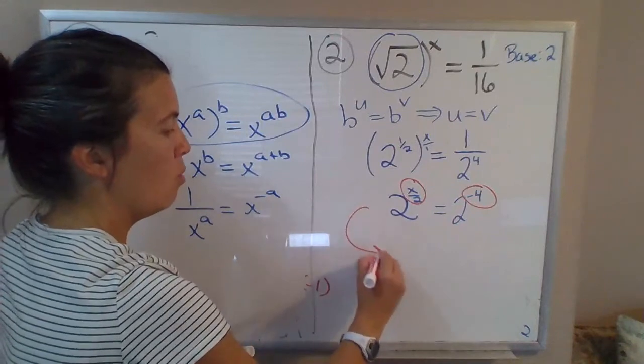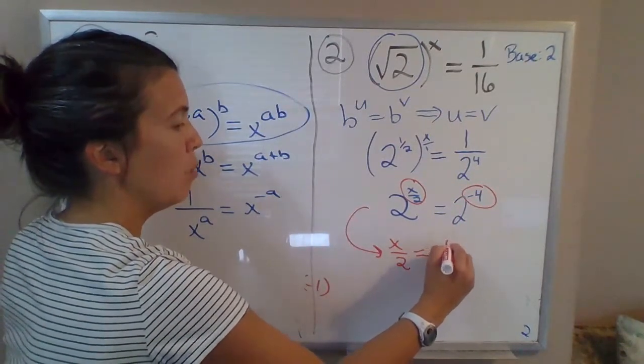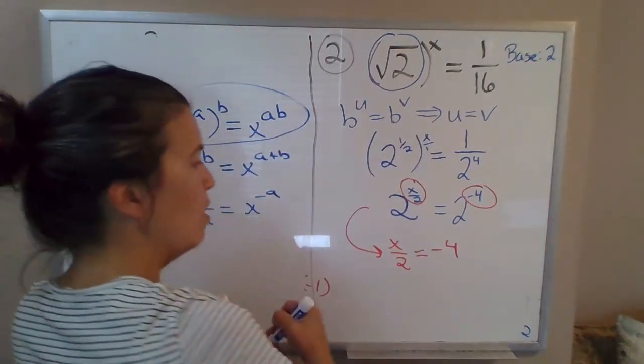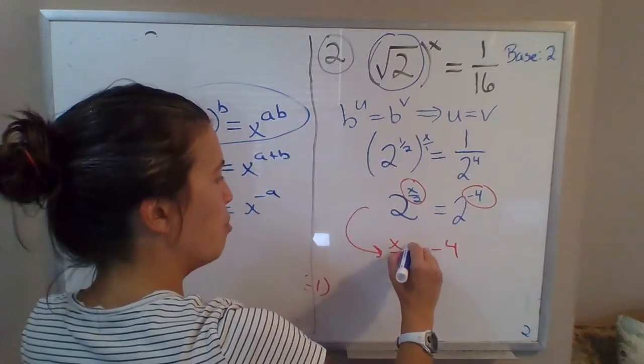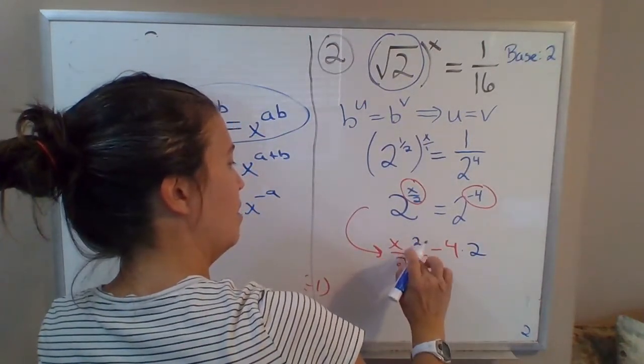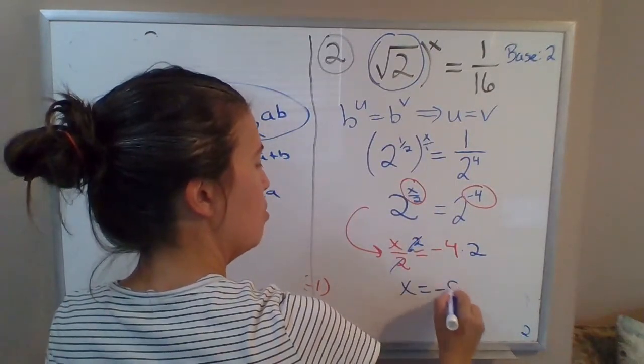Now we can say, all right, well then the exponent x over 2 must equal the exponent on the right side here, -4. And so in order to isolate x, I'll multiply both sides by 2. So that'll give you x by itself equals -8.